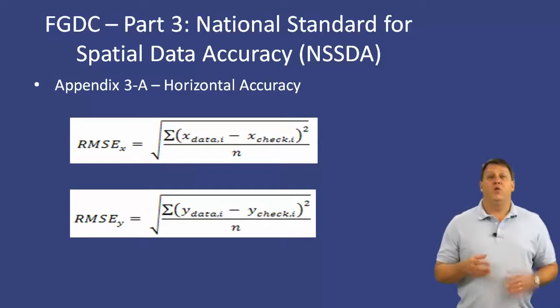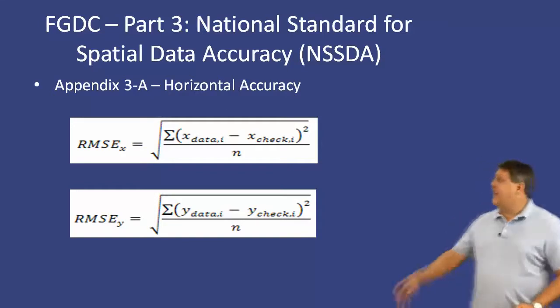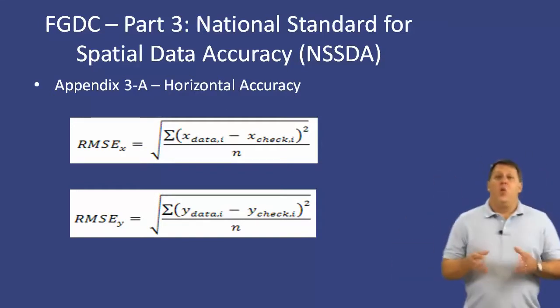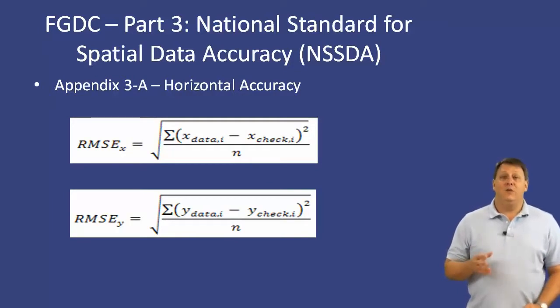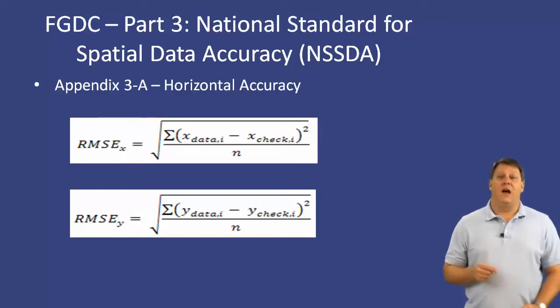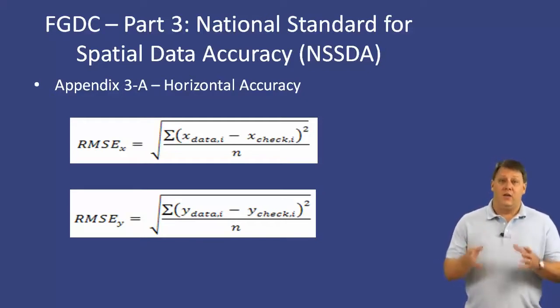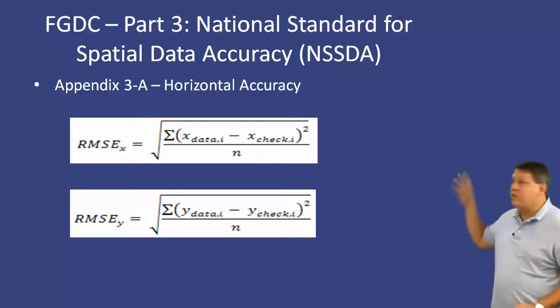To compute our root mean square error in the X axis, for example, the root mean square error in X is equal to the square root of the sum of the X sub data, comma i, minus the X sub check, comma i. Notice those are in parentheses, so we'll take that difference and square it.